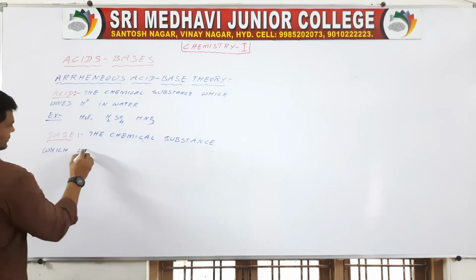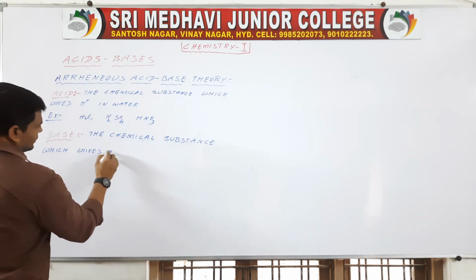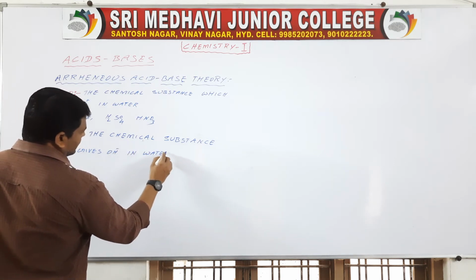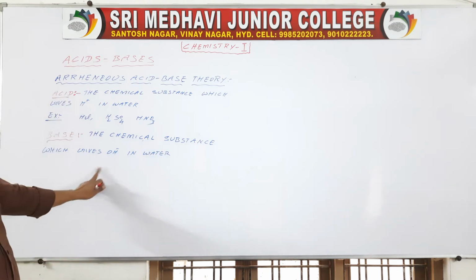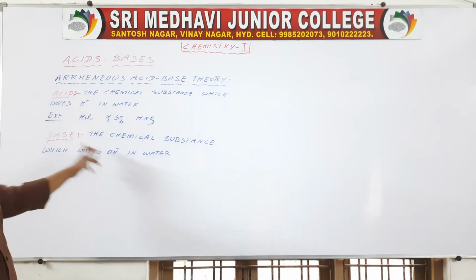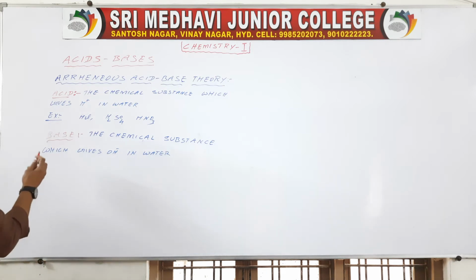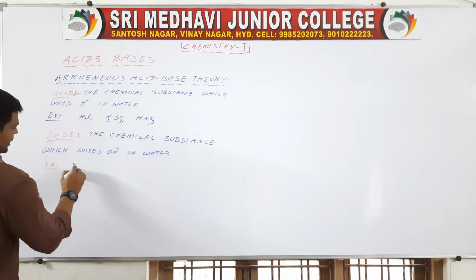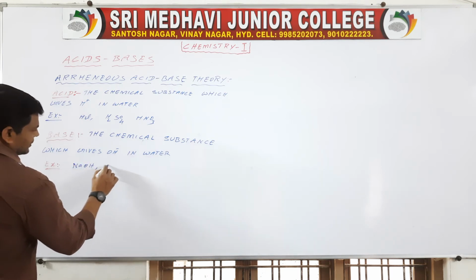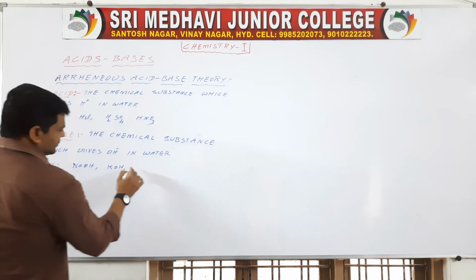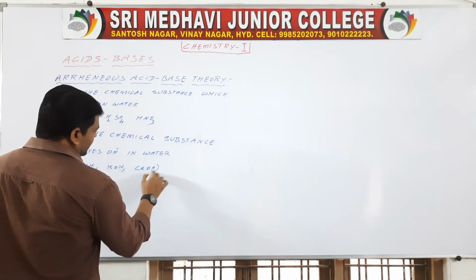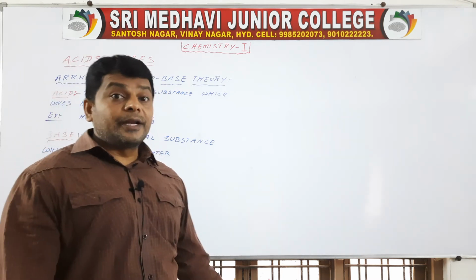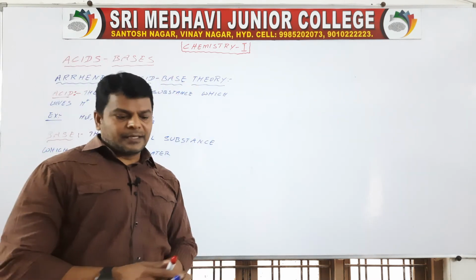For example, sodium hydroxide, KOH, Ca(OH)2. All these are bases according to Arrhenius acid base theory.